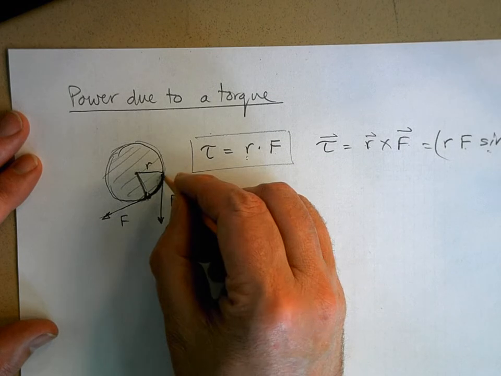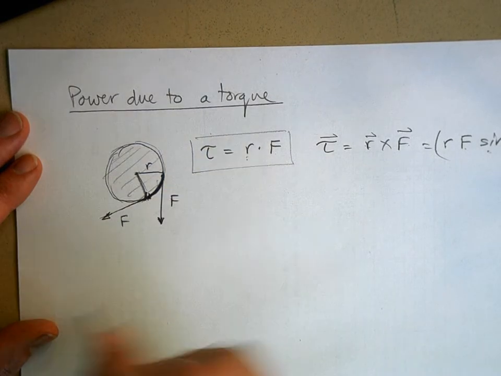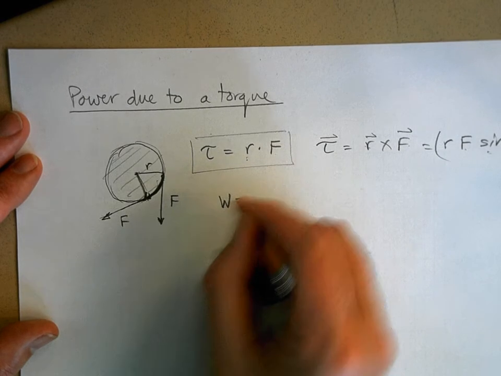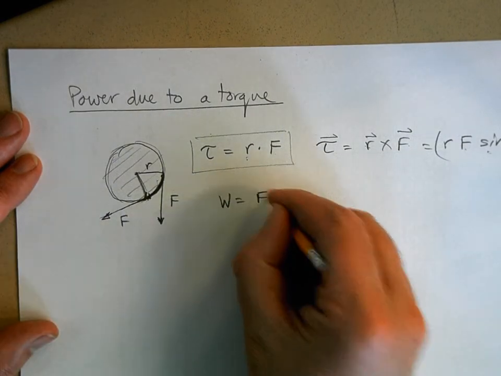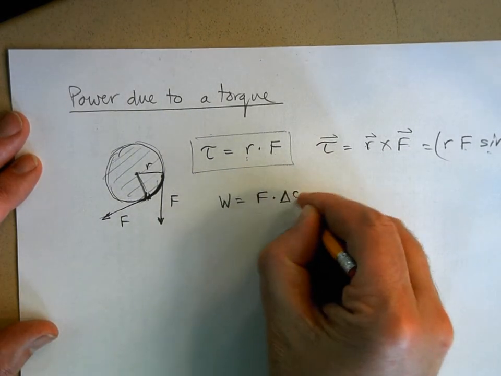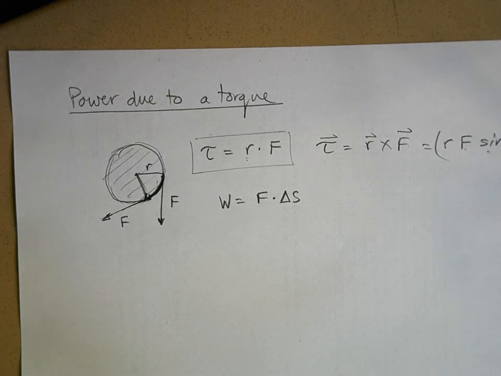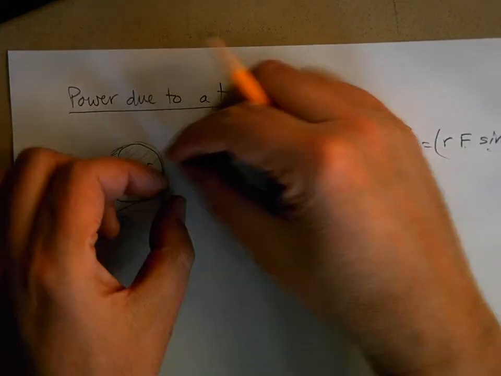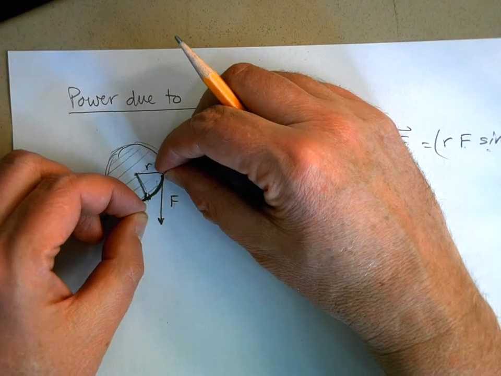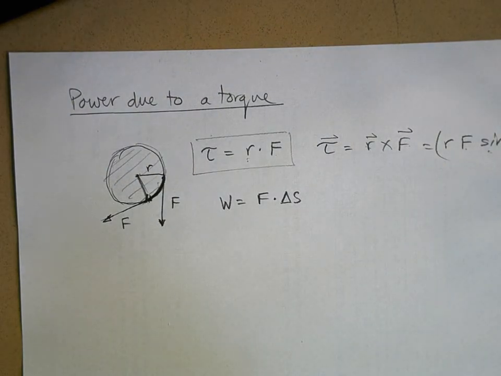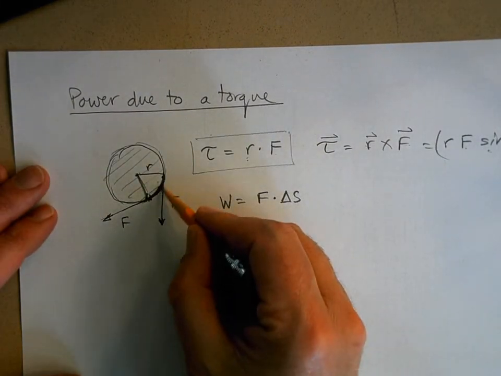Now, this right here is an arc length. Instead of delta x, I'm going to say that the work done by this force is force times delta s. Okay, does that make sense, everybody? Delta s. If I were to take a string and wrap it around that sector of the circle, it's really the arc length. It's the distance from here around to here.